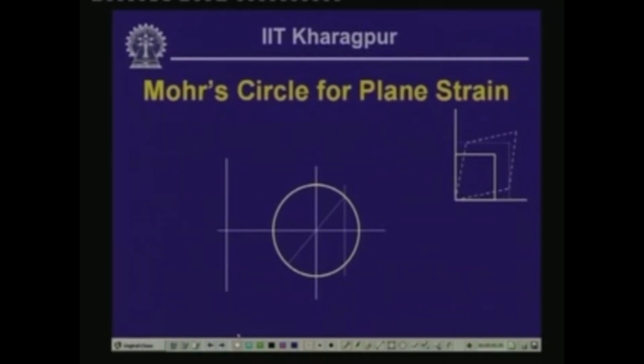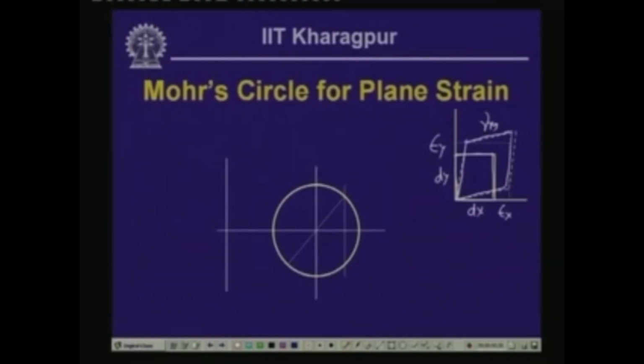Now, here let us say we have strain at a point, or this is a small element where the lengths are dx and dy, and it has undergone strain epsilon x, epsilon y and gamma xy, and from this configuration you can make out that all quantities are positive: epsilon x is positive, epsilon y is positive and gamma xy is positive.